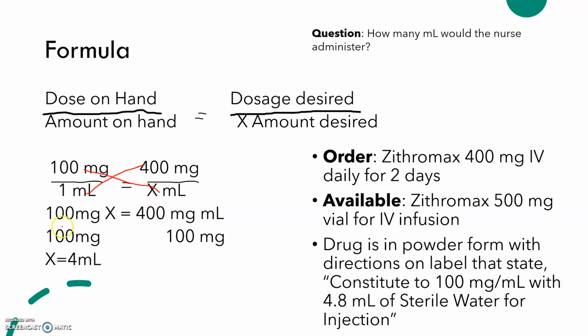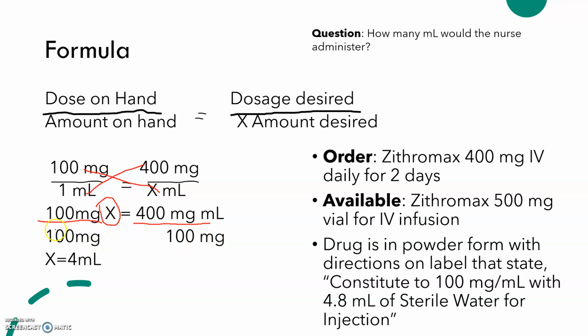So the rule of thumb is whichever number the X is beside, you're going to use that number to divide both sides. So I'm going to divide by 100 milligrams, because that's the number the X is beside. And I'm going to divide the 400 milligrams by the 100 milligrams.